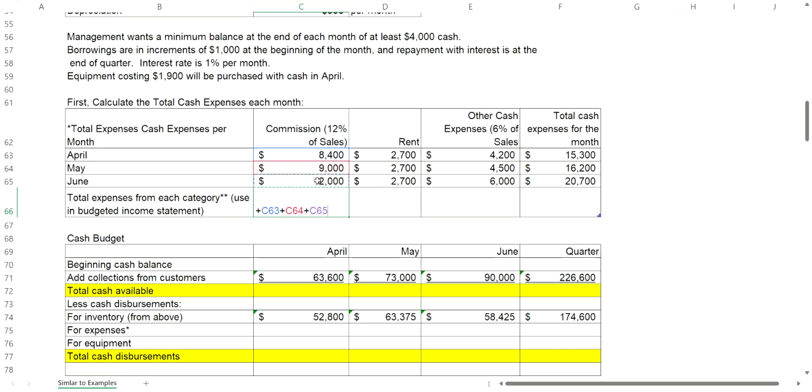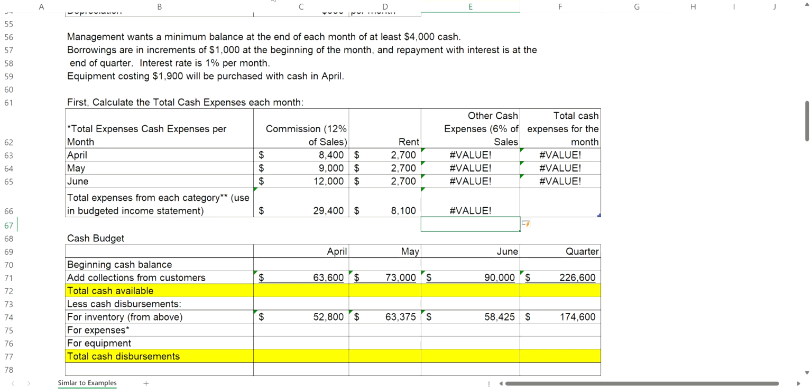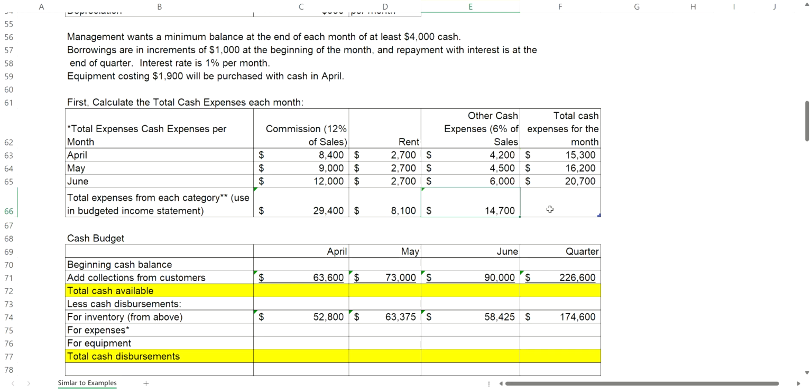So I'll add the three for commission, the three for rent, and other expenses, and then I should be able to go vertically or horizontally and get the same amount for the total.